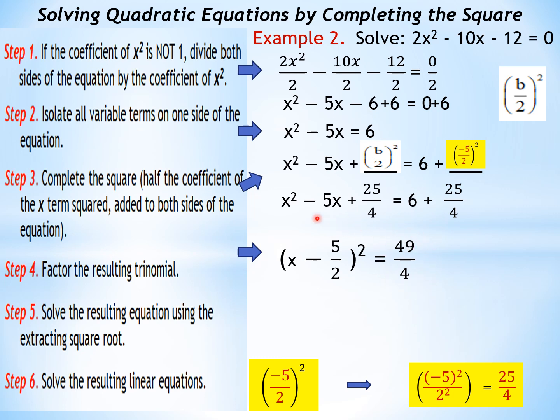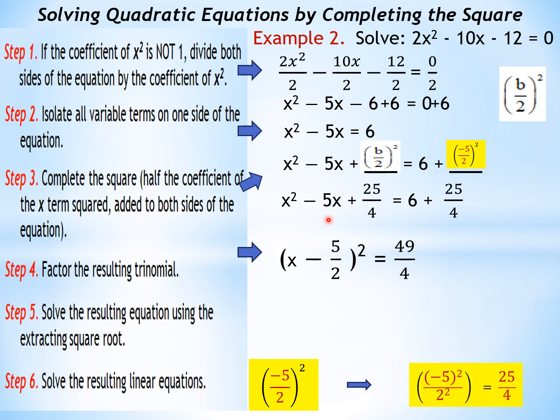So, nakuha natin yung 49 divided by 4 using the butterfly method. Okay? Dito sa left side naman, ginawa nating square of a binomial. So, in-square root natin, nakuha natin si x. In-square root natin, nakuha natin 5 over 2. Yung in-square mo, siya rin yung magiging value dito. Okay? Negative yung ilalagay natin kasi negative yung middle term.